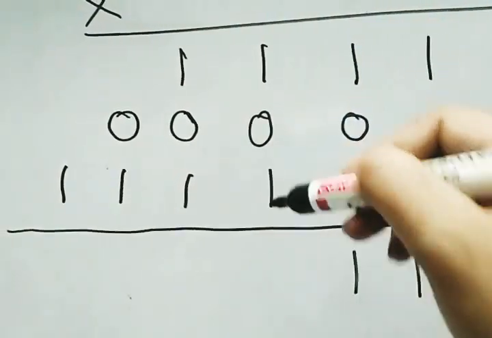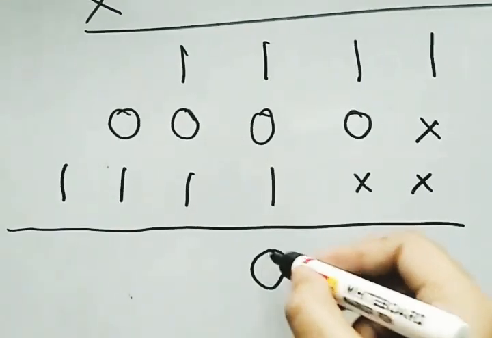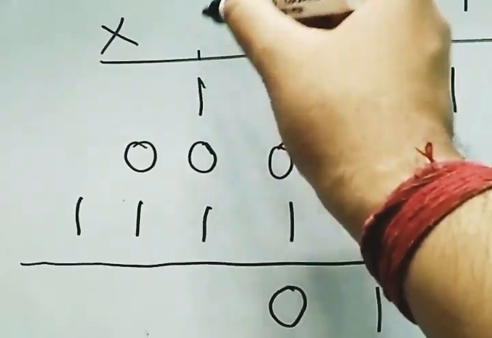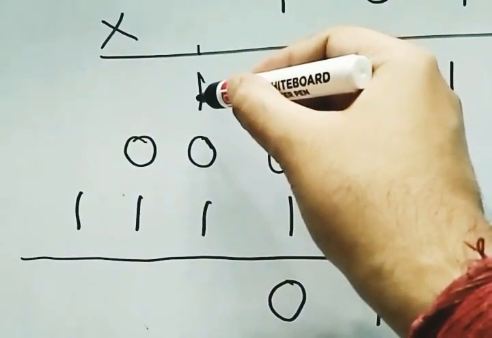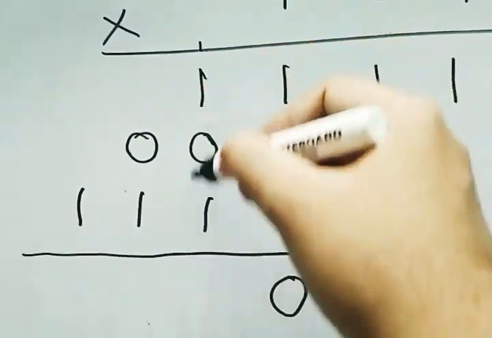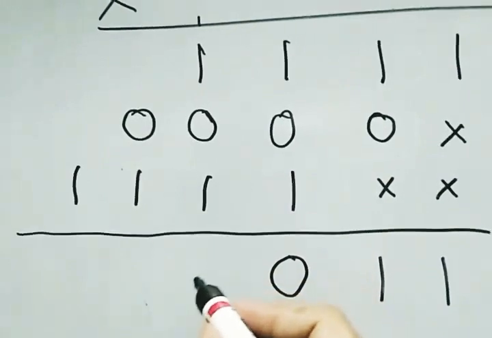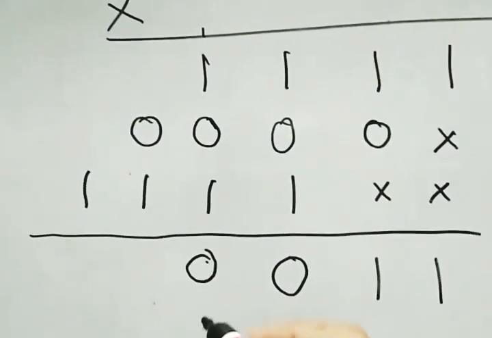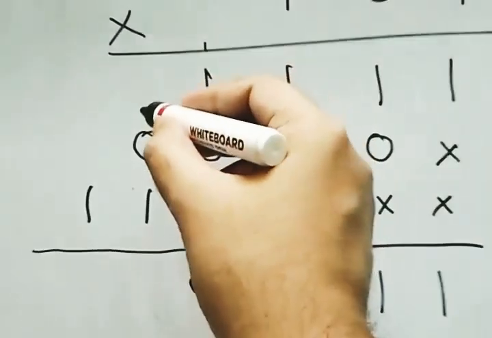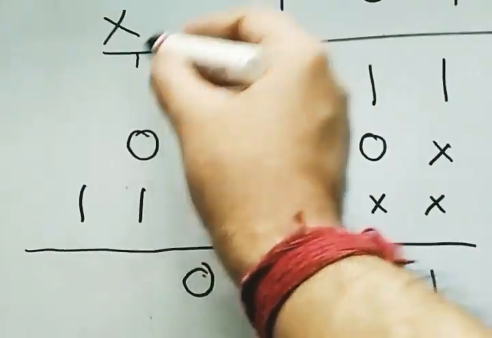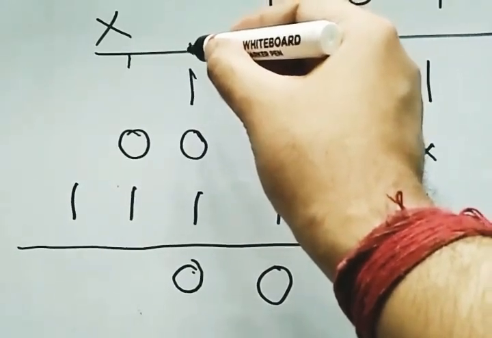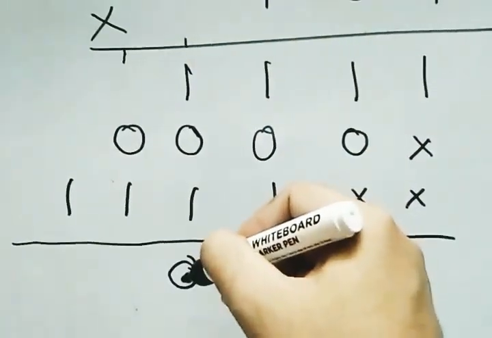1 plus 1. We will write 0 and a carry will be taken to the top here. One carry will be there, 1. So here also first we'll do 1 plus 1, that is 10 will come. We'll write this 0 here and the 1 will be carried to the top of the next column. But already one carry is there here in the top, so we cannot write here 0.